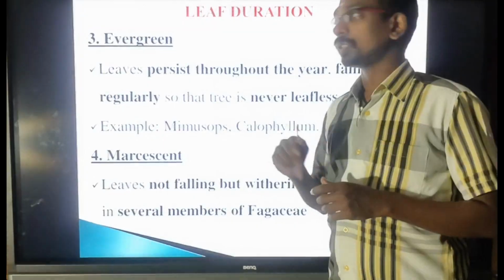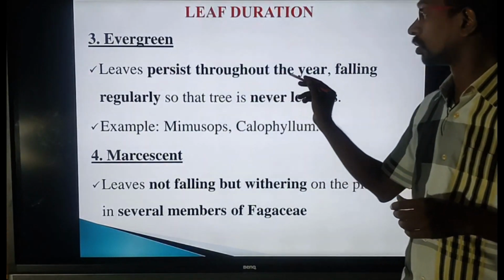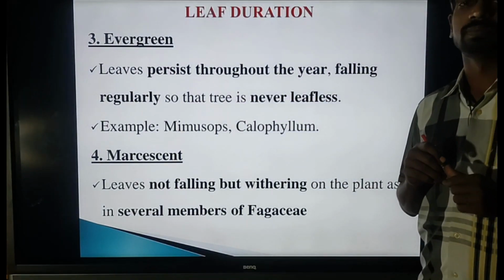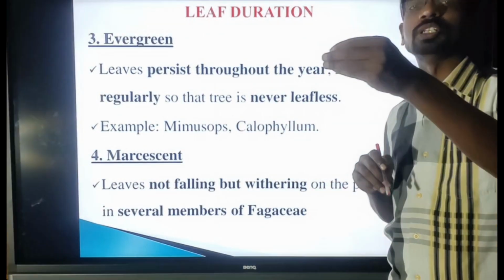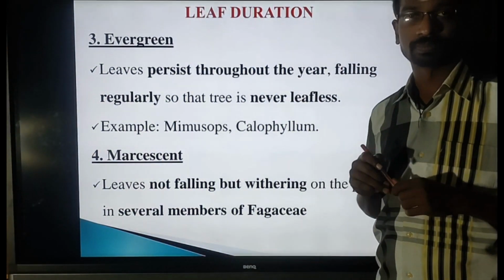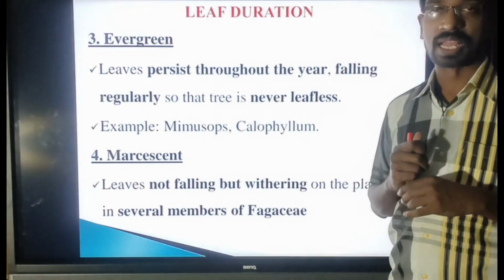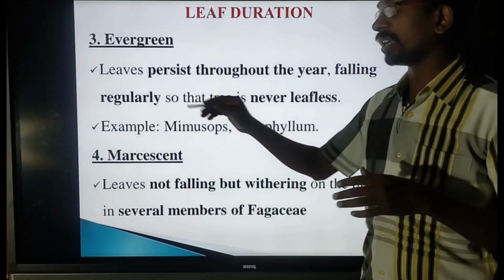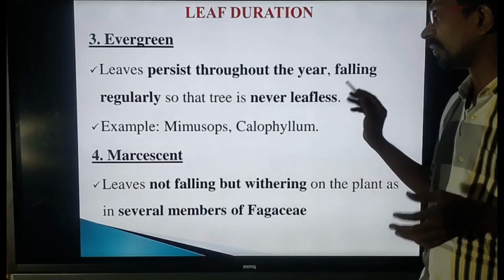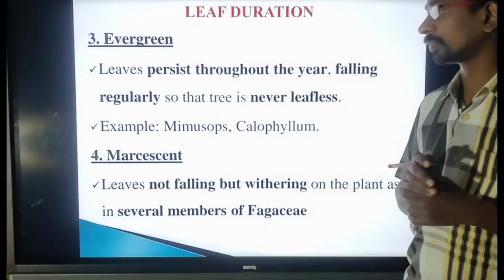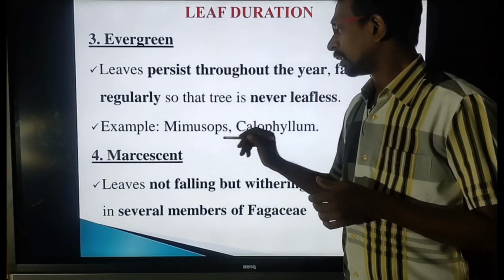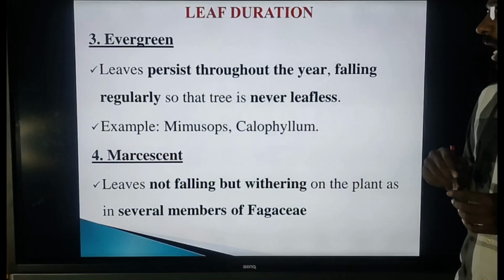Evergreen. Here the leaves persist throughout the year, and only then is it said to be an evergreen plant. We can never see this group of plants without leaves. The leaves fall regularly so that the tree is never leafless. Examples, Mimusops and Calophyllum.